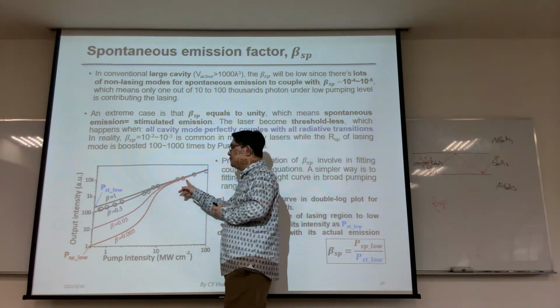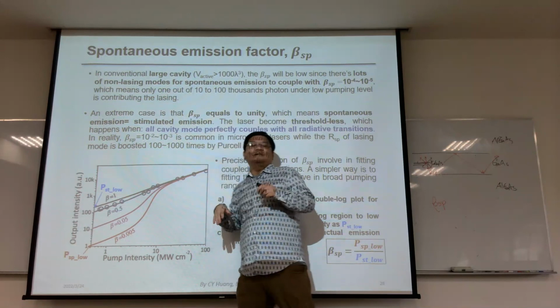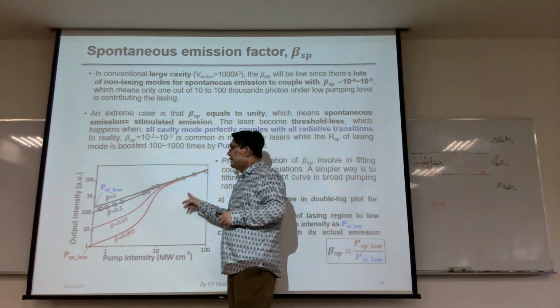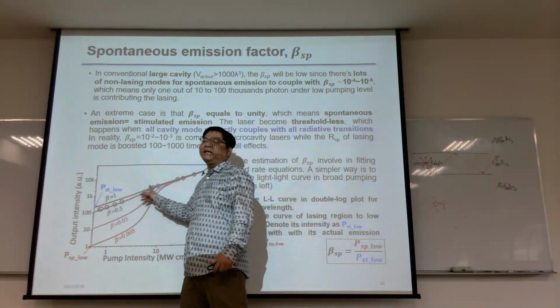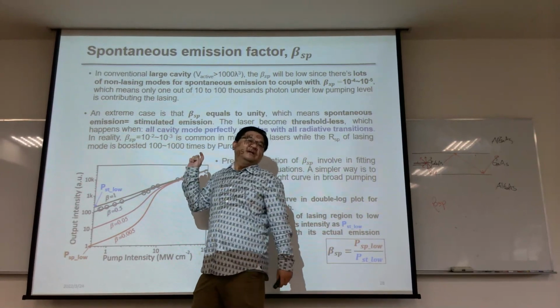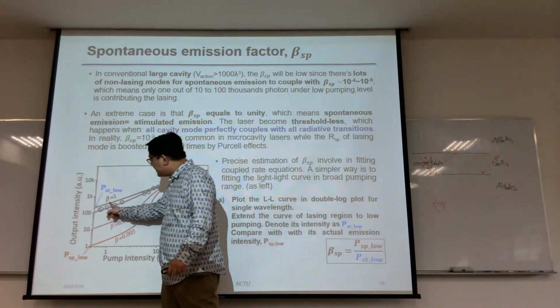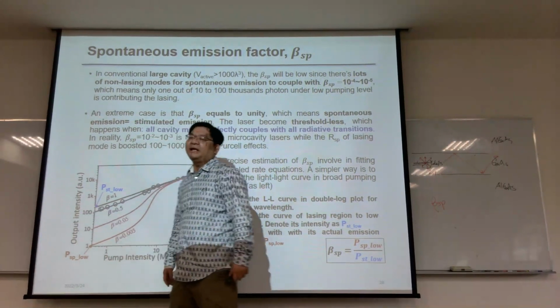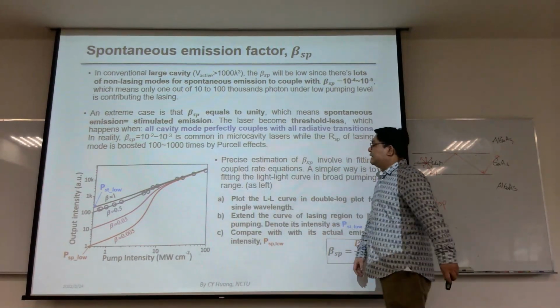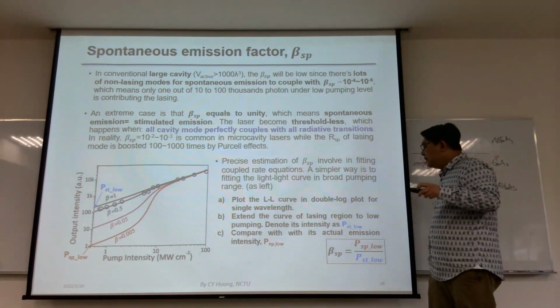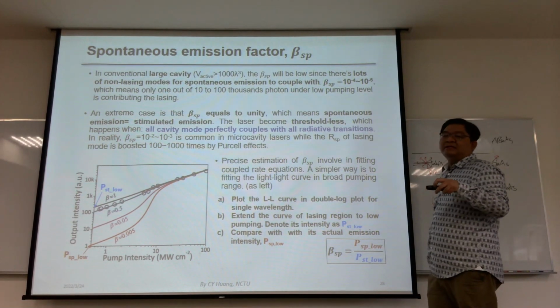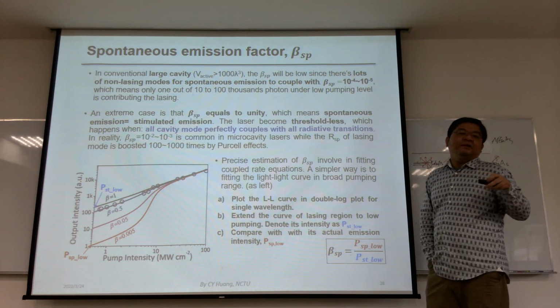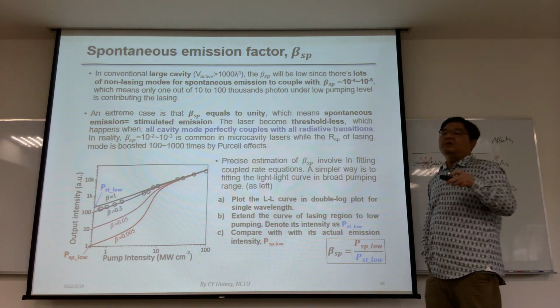So people will take a more conservative tone: I get an LL curve where I cannot find the threshold carrier density. Probably it's there and small, but because the power is too weak, I cannot measure it. Anyway, beta_SP is an important factor while building your laser.